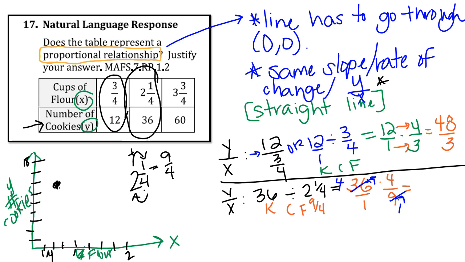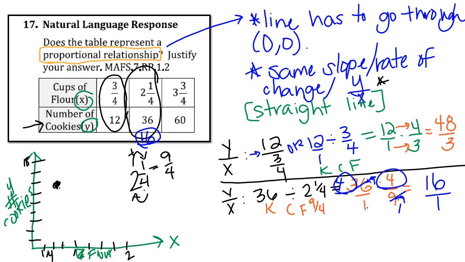You're reducing. And the reason I do that is because now I have 4 times 4, which is 16, 1 times 1, which is 1. So this one would be 16, that's my rate of change. In other words, what that answer is telling you is that you're making 16 cookies for every 1 cup of flour.